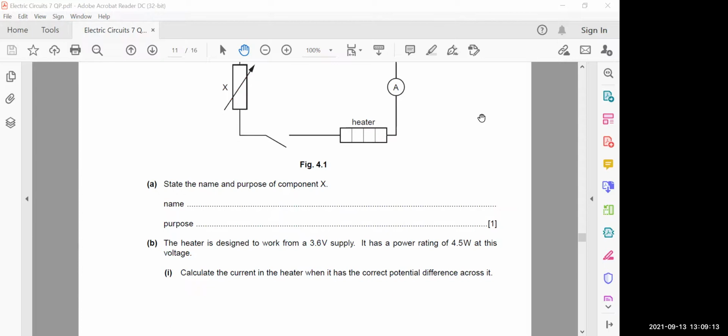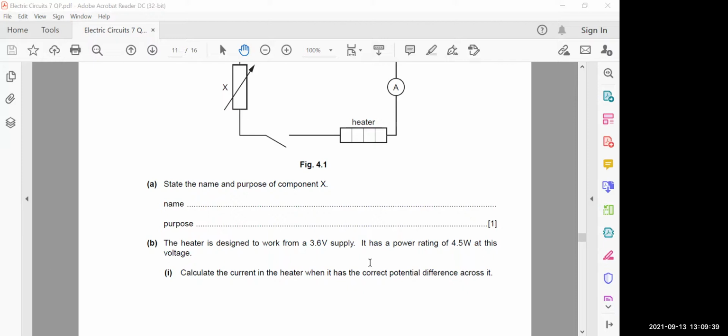Now in B part, the heater is designed to work for a 3.6 volt supply. It has a power rating of 4.5 watt at this voltage. Calculate the current in the heater when it has the correct potential difference across it.